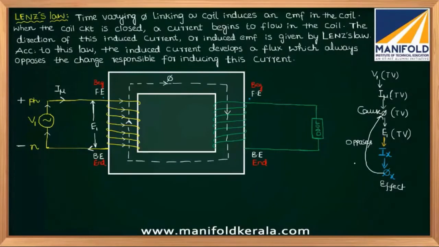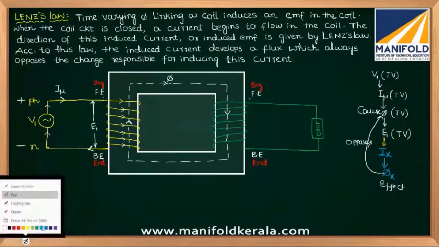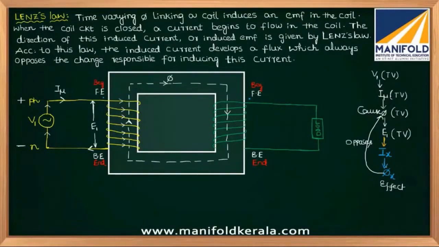So now let me show the direction of phi x, which is opposite to this phi. The white color upward arrow mark is the flux phi. So the direction of phi x should be downwards. If it is upwards, it should be downwards. Even here, it is opposing your phi.